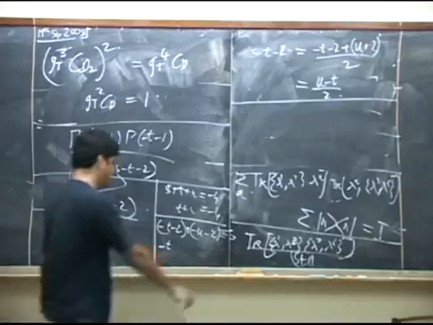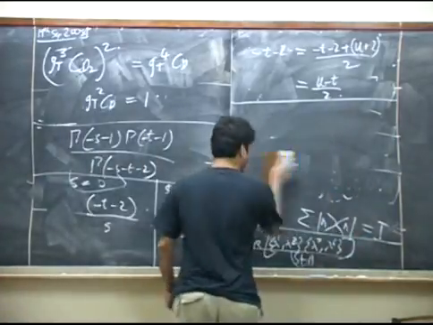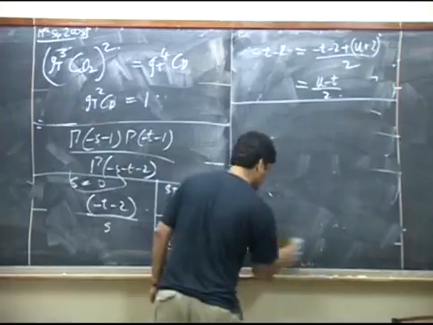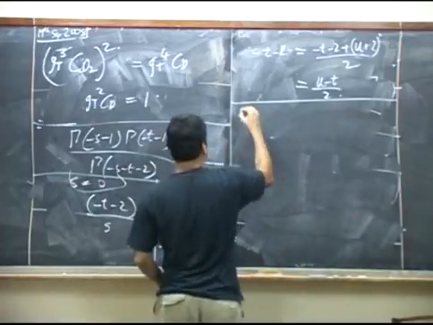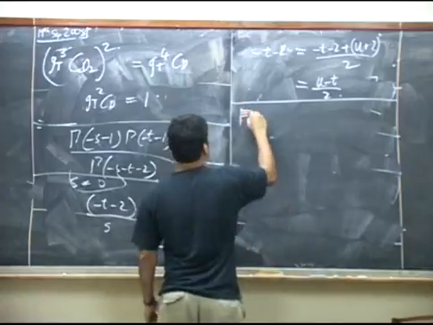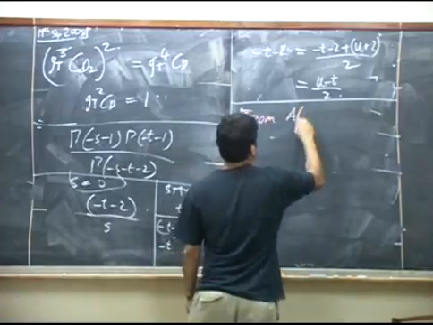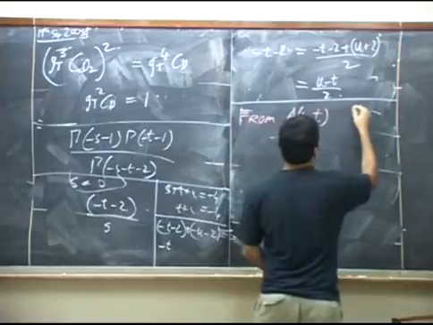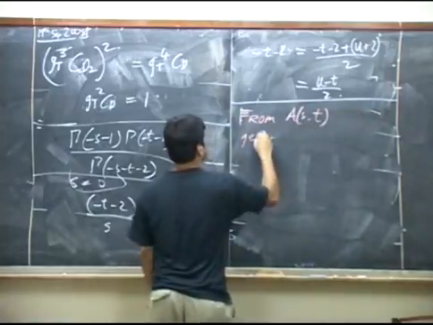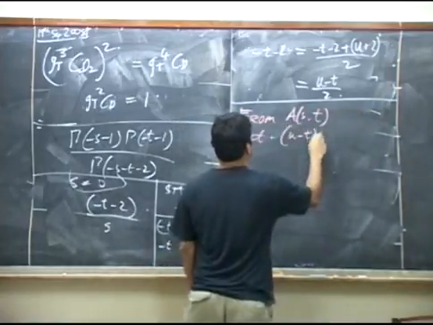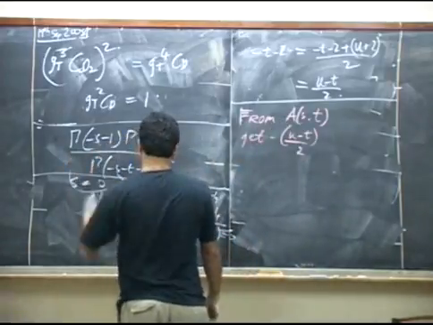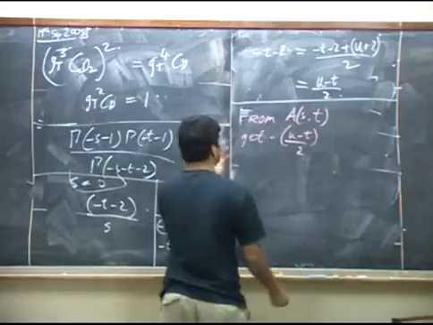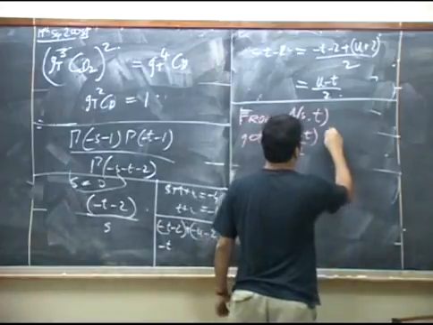Okay, great. So, what have we concluded? We've concluded that from AST we get u minus t by 2 times whatever trace factor. The residue is (u minus t)/2 times whatever trace factor.